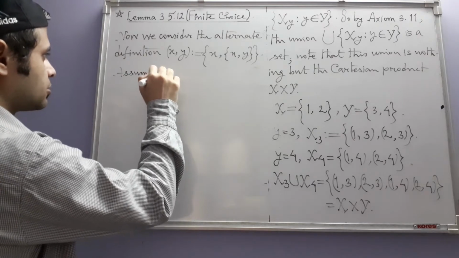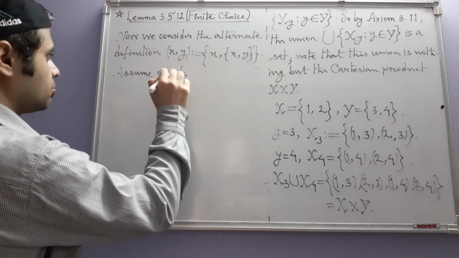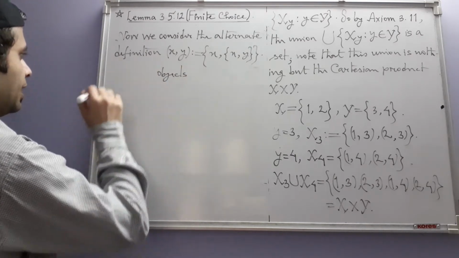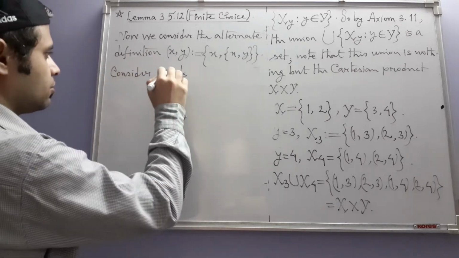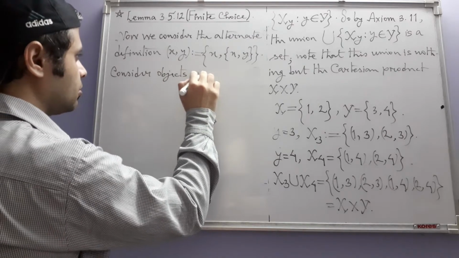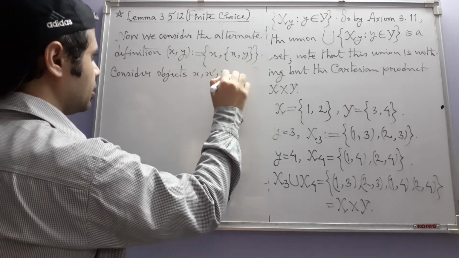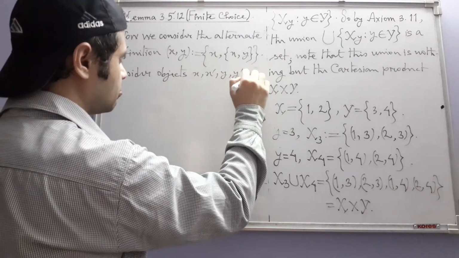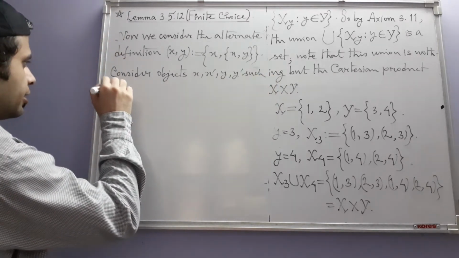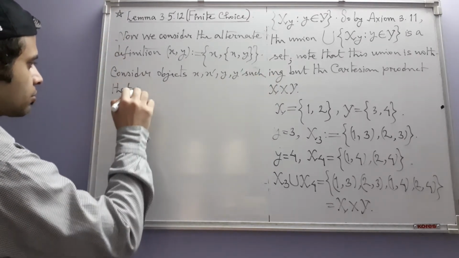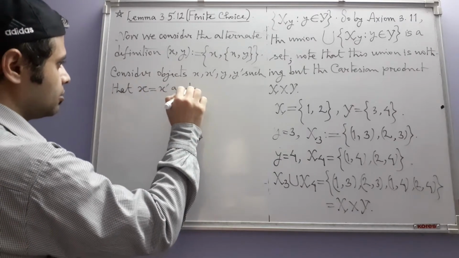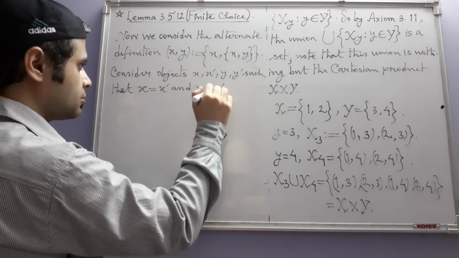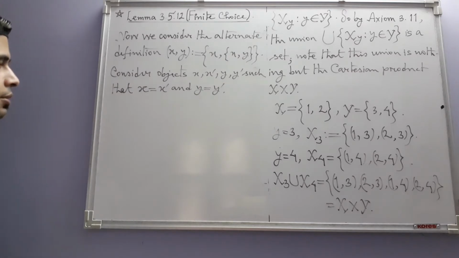Consider objects x, x prime, y and y prime such that x is equal to x prime and y is equal to y prime.